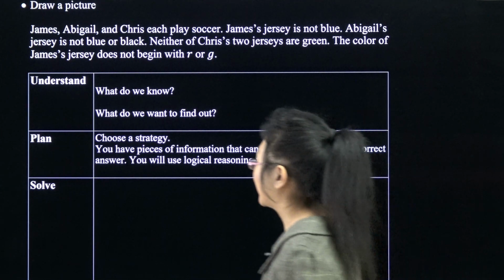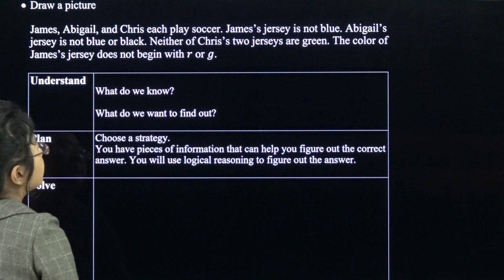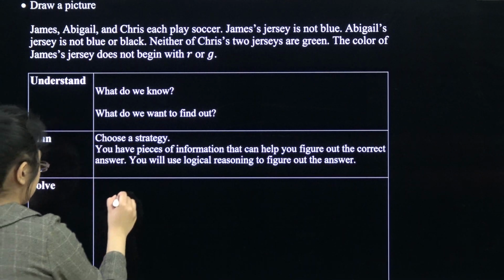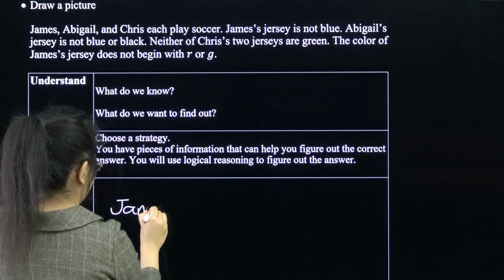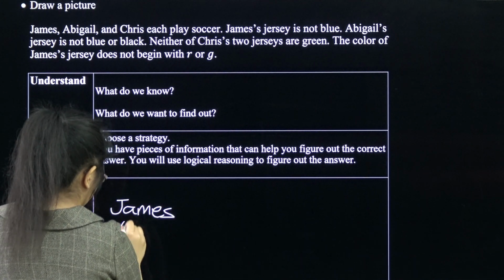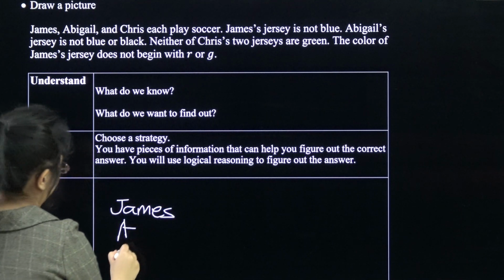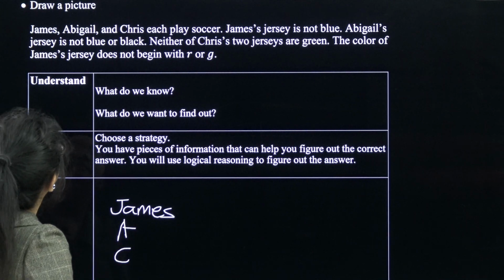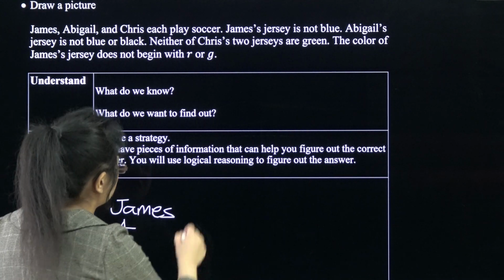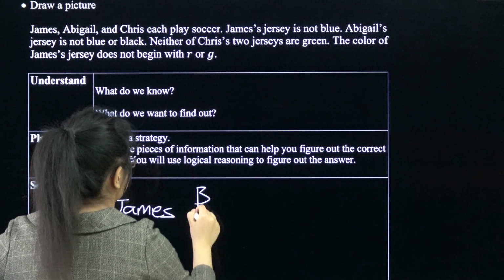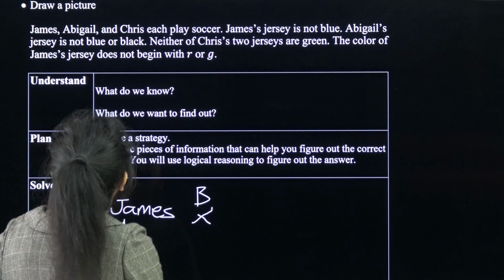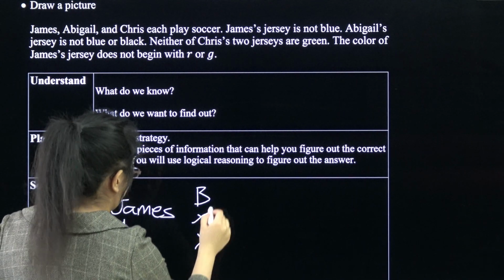So we can use logical reasoning to logic our way out of this. Now, we have James. We can make a table at the same time, too. Abigail, I'm just going to put A and C. J-A-C. James' jersey is not blue. Abigail's is not blue or black.